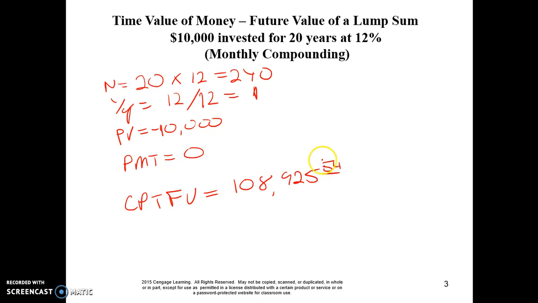Just by having monthly compounding versus annual compounding, that earns us over $12,000 in additional interest. So the number of compounding periods is very important. That concludes the initial time value of money lectures. Make sure you are able to work these types of problems.